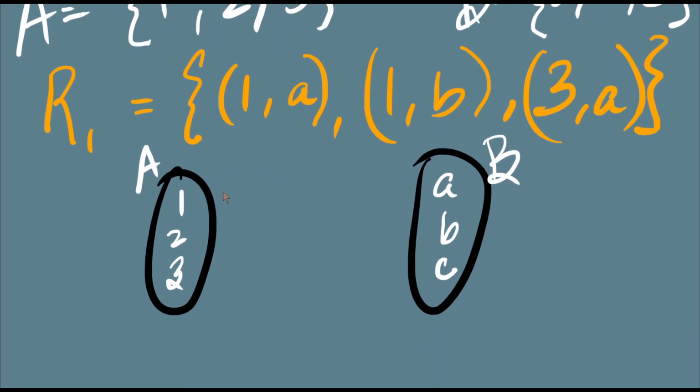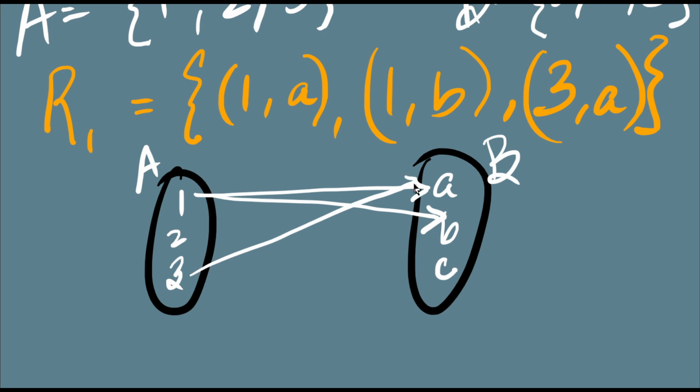And I'm defining the relation, whichever ordered pair I found in the relation R1, I'll depict it by an arrow. So the element 1 from set A is related to a, so I'll put an arrow there. And element 1 is related to the element b in the set B also, and we have 3 comma a, so that has to be this arrow.